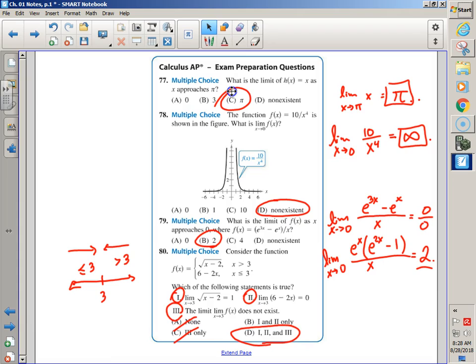No, because we weren't actually saying f of x. But another way of asking yours is asking why wasn't there a 3 negative? Another way of asking for this one is that this could be the same as the limit as x approaches 3 from below of f of x. These are the exact same thing.